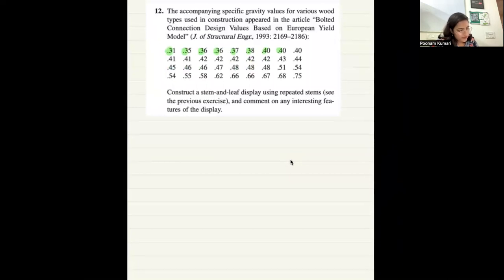So first of all, what is your stem? And then what is your leaf? So how do you write it? So what are your stems? Oh, ma'am, 3. So 3, 4, and then 5 also, and then 6 also, and then 7 also, right?